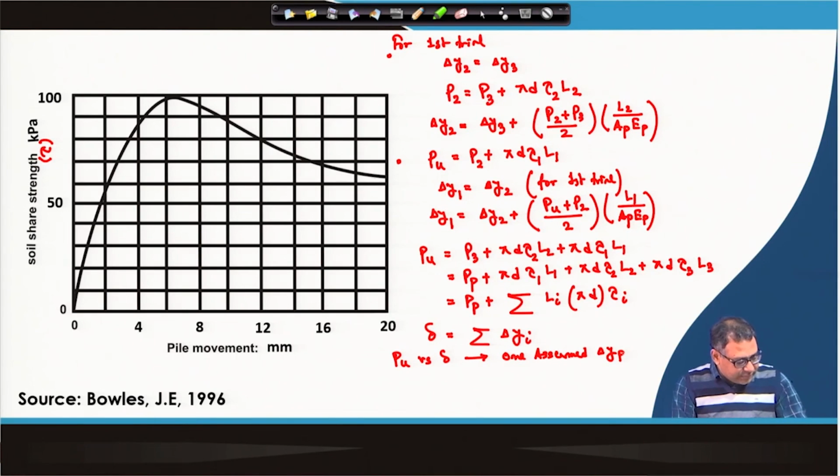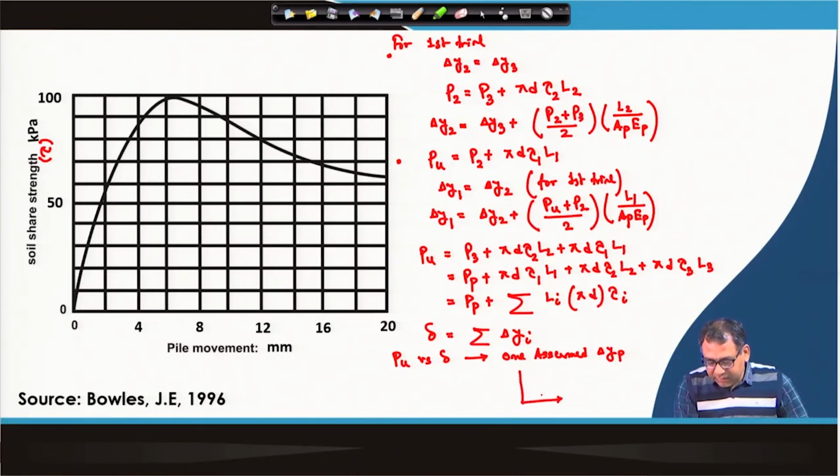So, that means we have to assume now different del y p and we will get P u versus delta value. So, that means you will assume different del y p value, we will get one particular P u and one particular delta. So, finally, we will plot this load versus settlement curve.